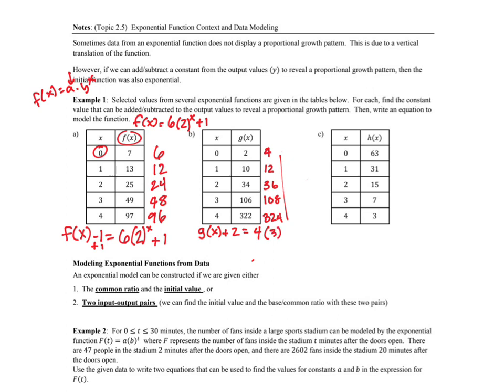But what I actually have, g of x, is a vertical shift down from that by 2. So what does g of x actually equal? G of x, the table, is equal to 4 times 3 to the x power minus 2. So my function wanted to be 4 times 3 to the x, but it got shifted down 2, and that's where the values in the table are coming from.